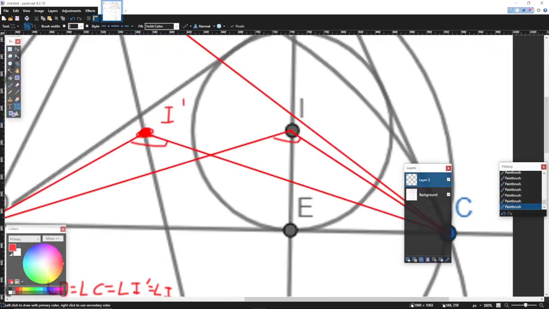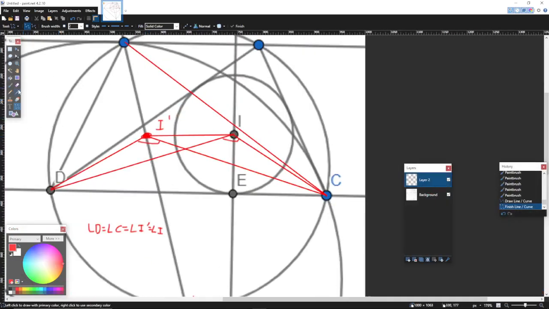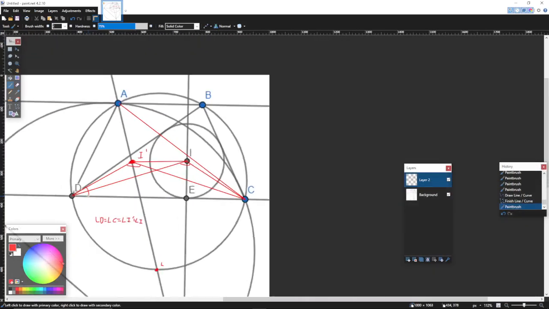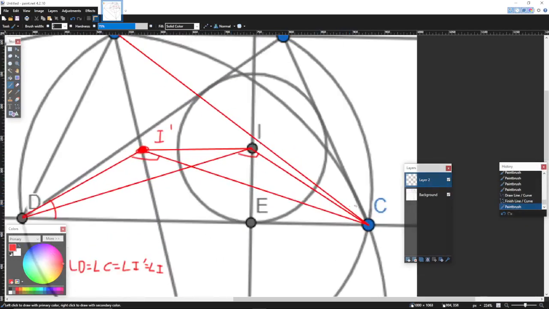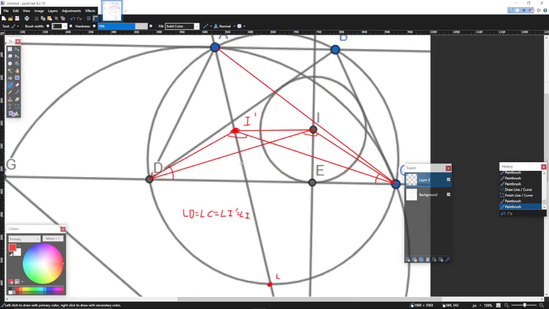Now, next thing worth noting, take a moment and notice that this angle here is the same as this angle. The reason is because these angle bisectors, DI prime and CI, bisect the same angle. So those two angles are the same.